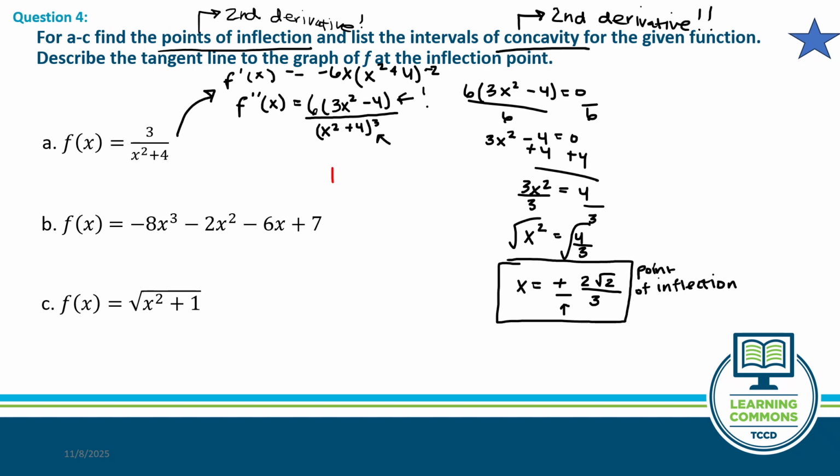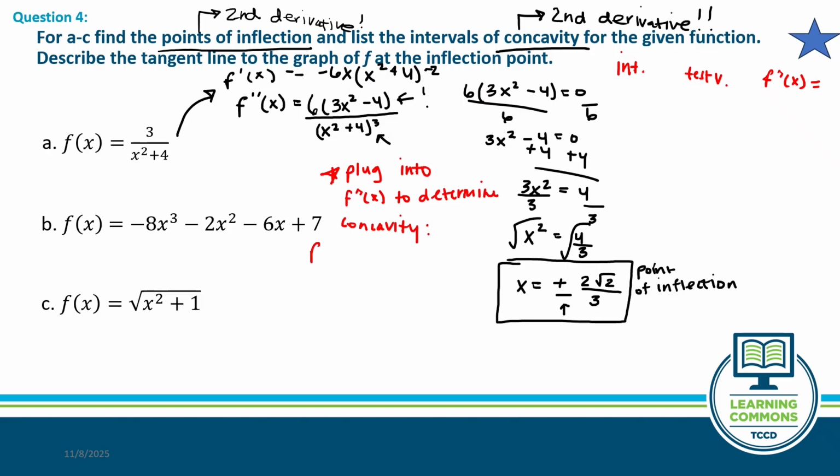Okay, now, to note, similarly to increasing and decreasing, you're going to have intervals, test values, and whatever that's going to equal, right?